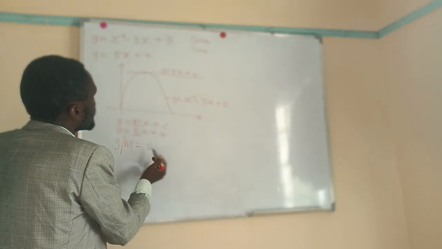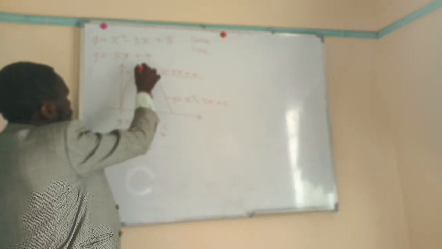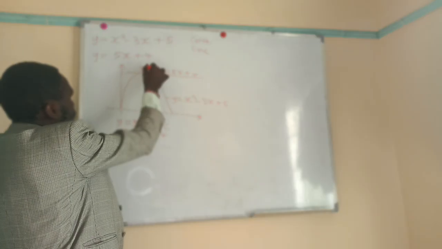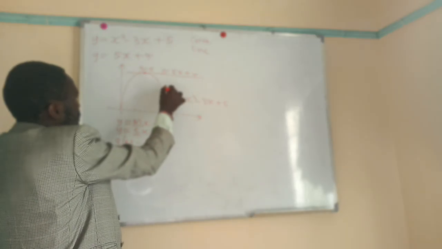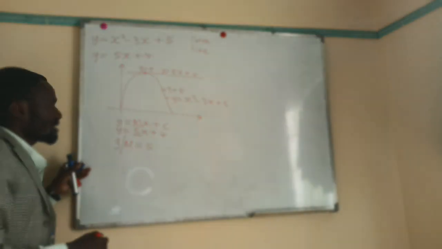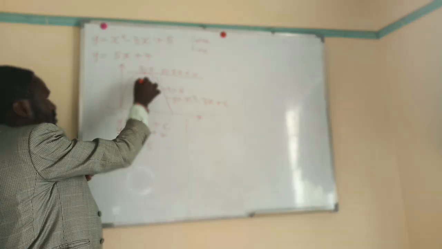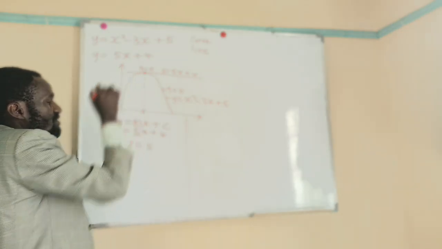If the gradient of the line is 5, then the gradient of this curve at that point should also be 5. Now, we do not even know the value of x at that point where the gradient is 5.